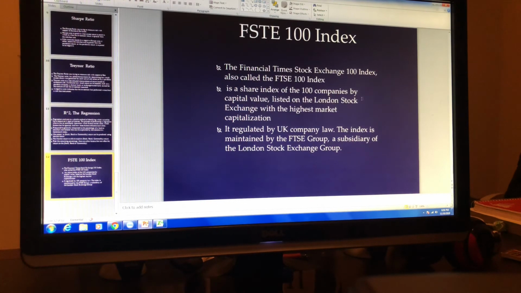It shares the index of 100 companies by capital values listed on the London Stock Exchange with the highest market capitalization. It is registered by the UK company law. The index is maintained by the FTSE Group, a subsidiary of the London Stock Exchange Group.